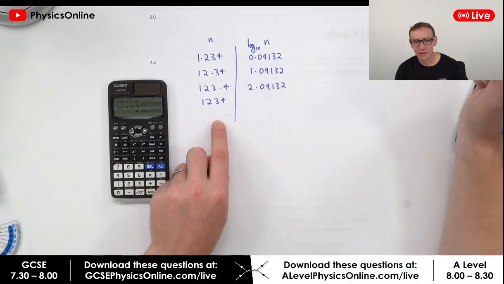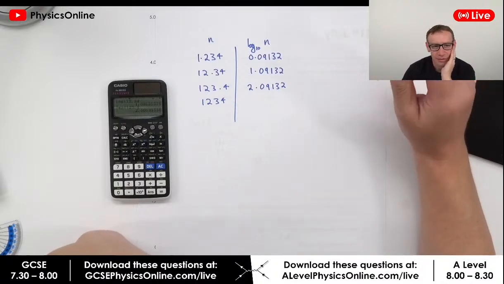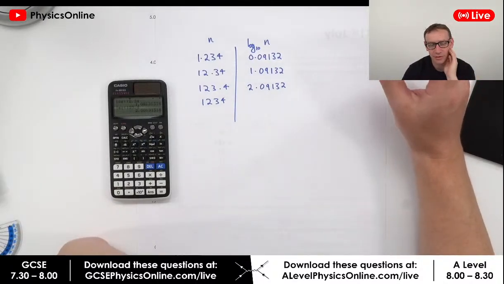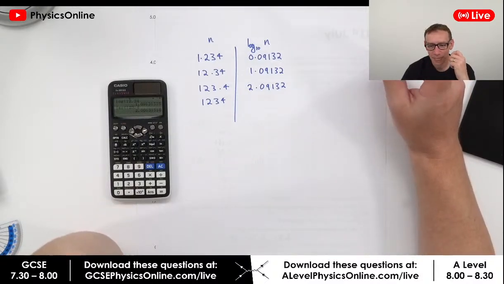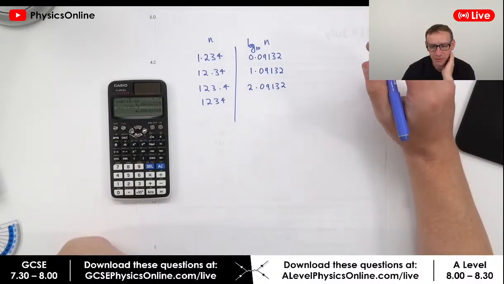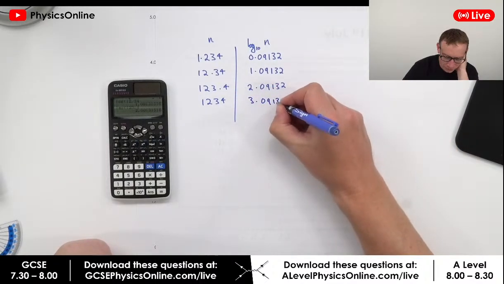So let's look at the pattern, people. What is going to be the log, without using a calculator, of 1,234? I know people are just typing this in at the moment. It's 3.09132.